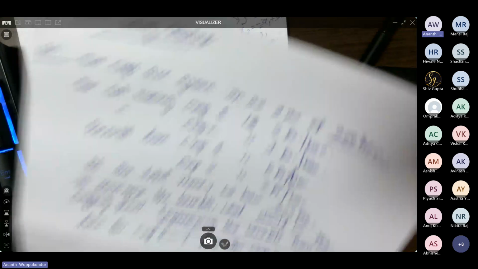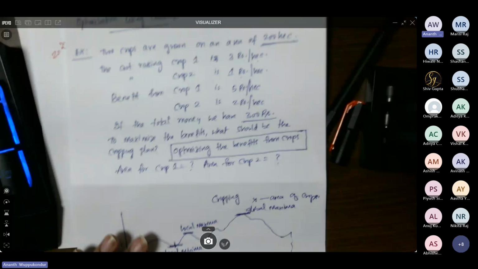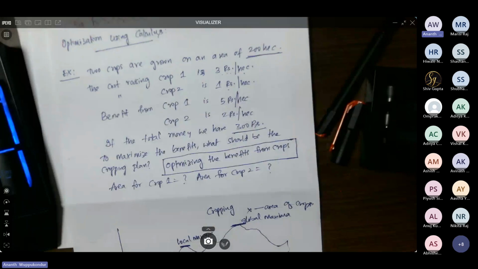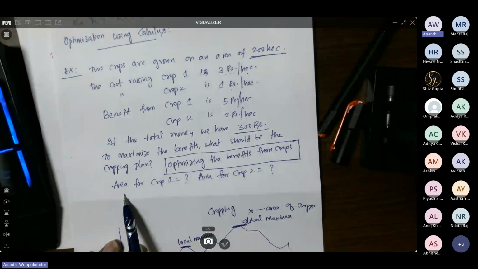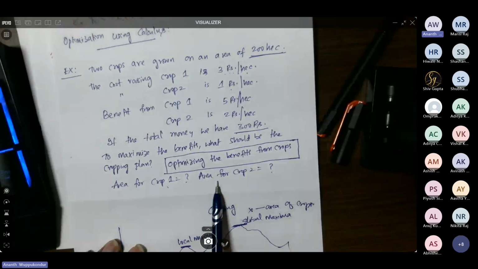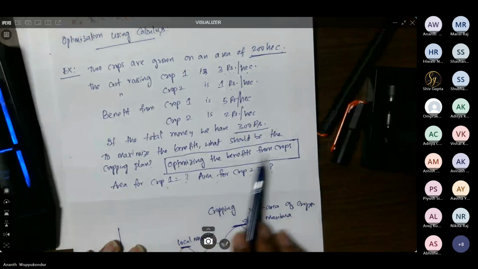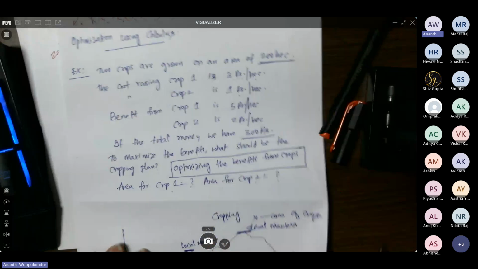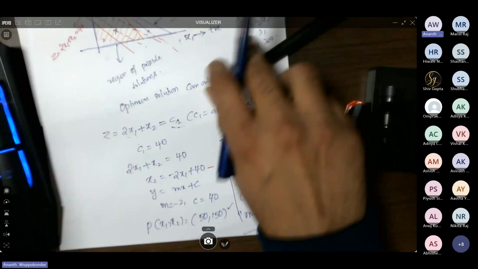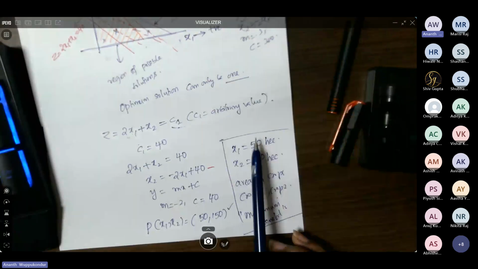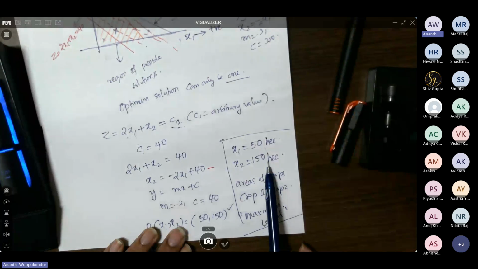So we started with this example where we had two crops with some given constraints, and we were asked to find the area of crop 1 and area of crop 2 such that we can optimize the benefits from the crop. And what we find from the graphical method is that if we have the area of crop 1 as 50 hectares and area of crop 2 as 150 hectares, that is when we would get the highest benefits out of the cropping.